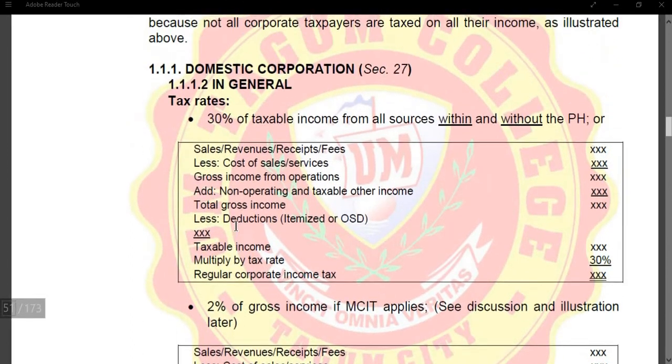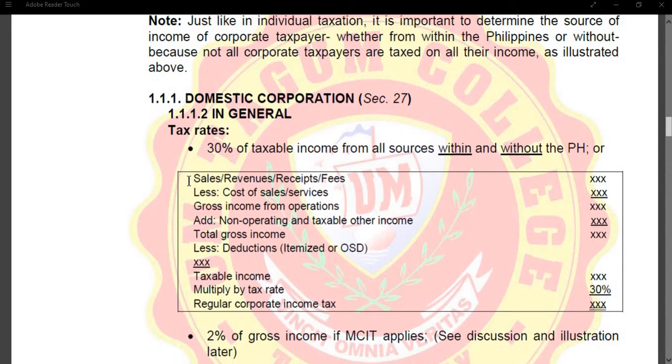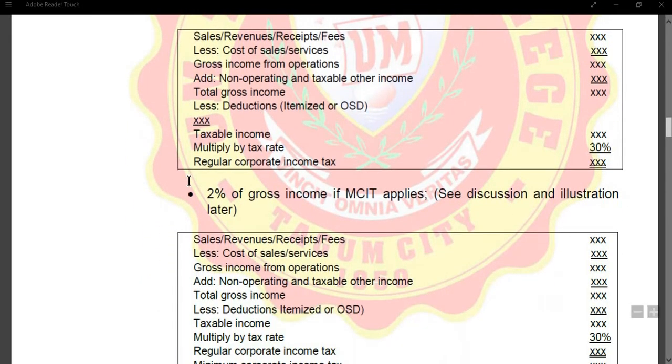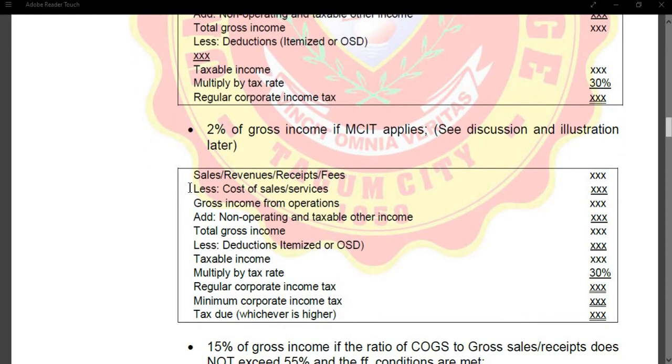For the 30% regular corporate income tax, you have the pro forma computation. Also for the 2% minimum corporate income tax, you have here the pro forma computation.